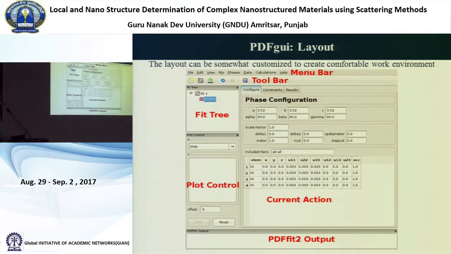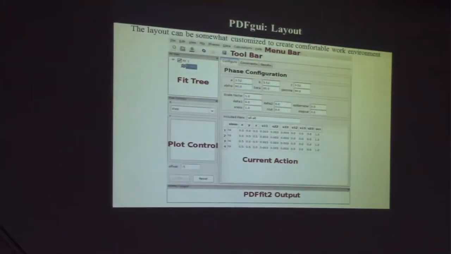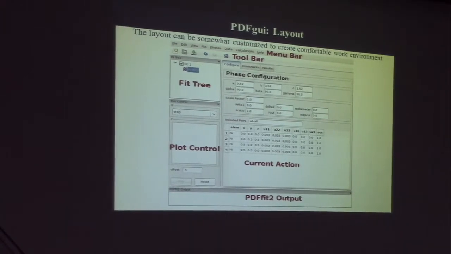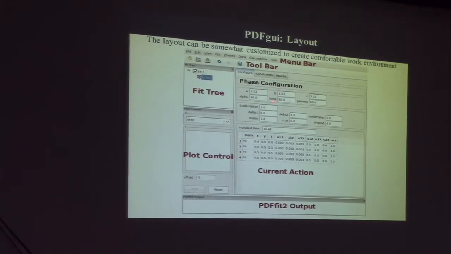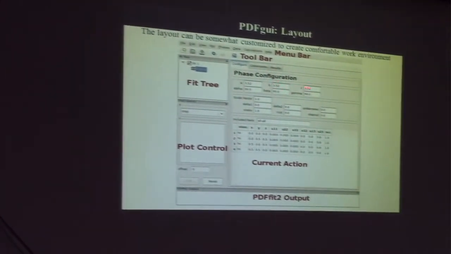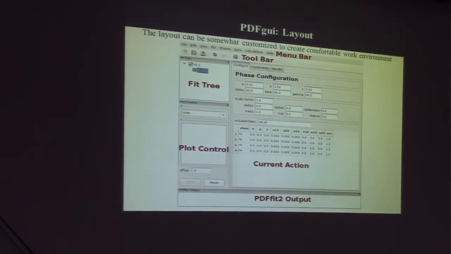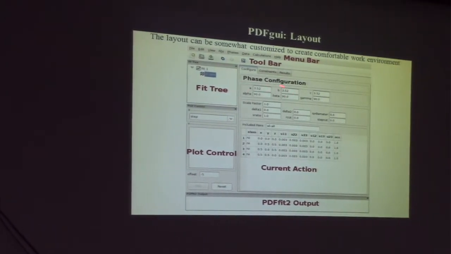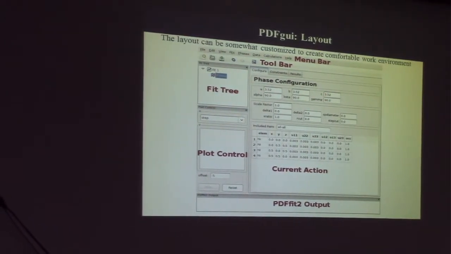So a particular example here is that this is nickel and it's cubic. So in a cubic material, we know that A, B, and C have to all be equal to each other. Now, right now, A, B, and C are all equal to each other, so I've made the structure cubic by simply typing the same number into each of these boxes.